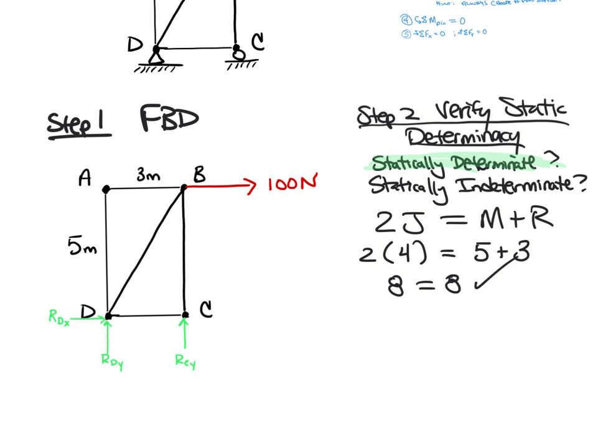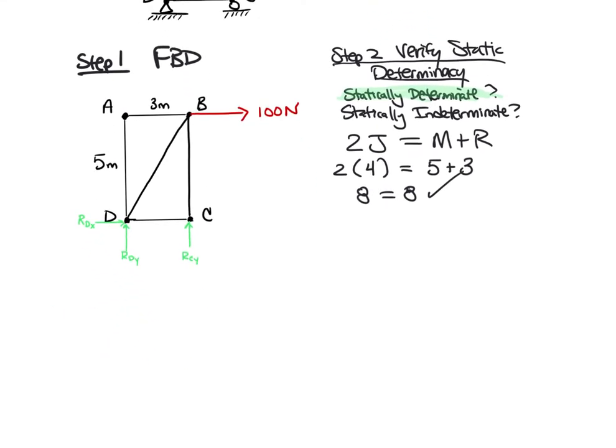At some point, you should be a truss solving machine, and these first 2 steps you could probably get done in under 2 minutes. All it takes is practice. All right, so now let's move on to step number 3.